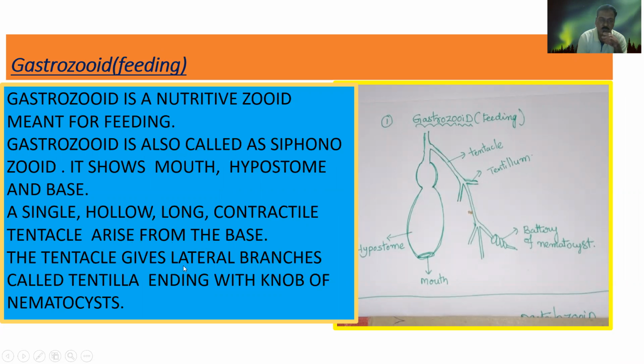The tentacle gives lateral branches. These lateral branches are called tentilla or tentillum, ending with a knob of nematocysts. The knob or battery of nematocysts is meant for protection.